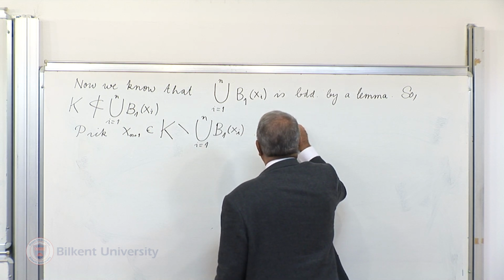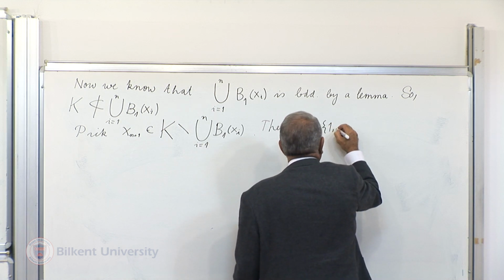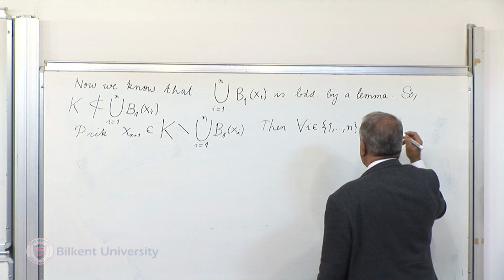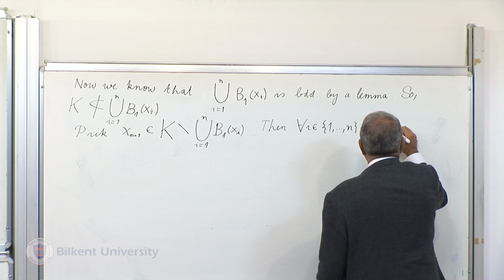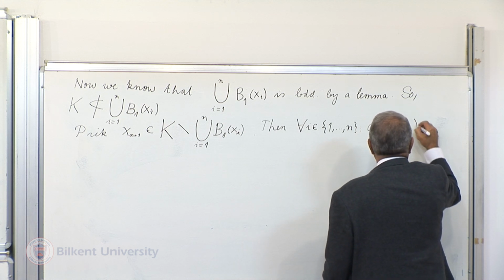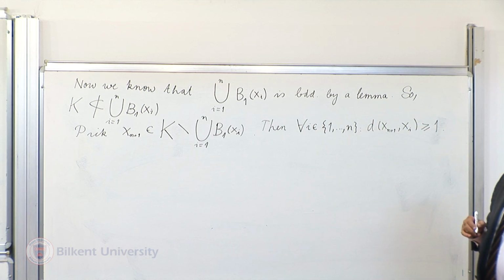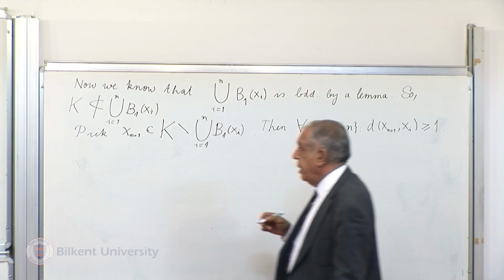Then, for all i in 1 to n, d(xn plus 1, xi) will be larger than or equal to 1. But that completes our construction by induction.